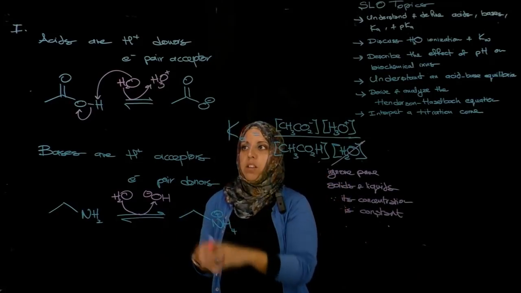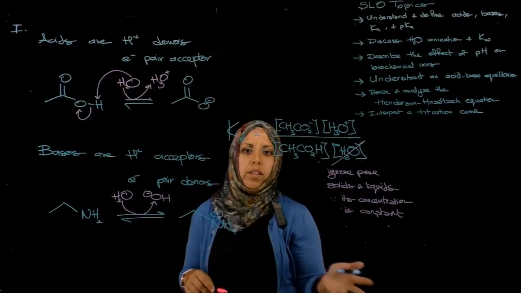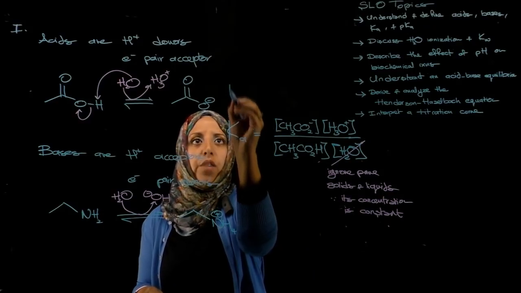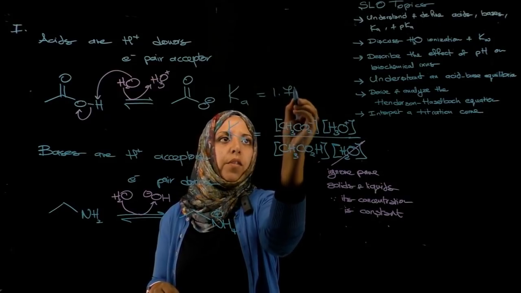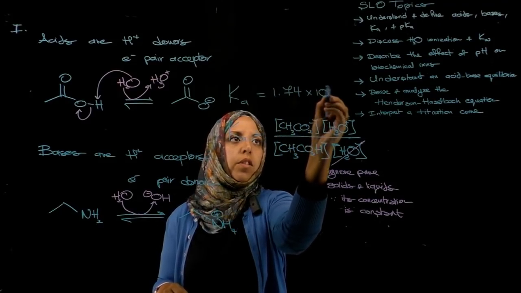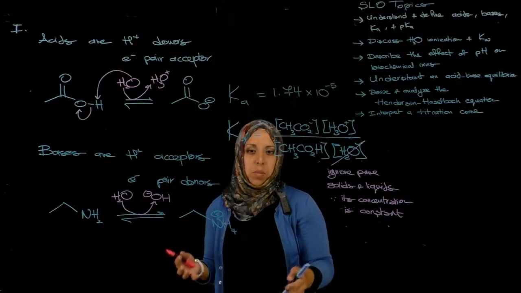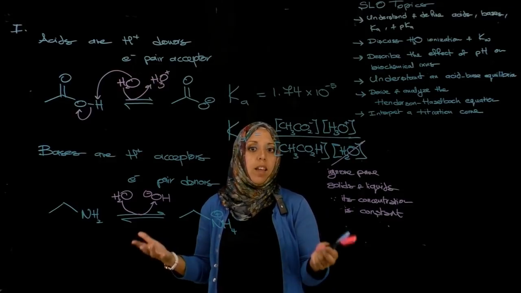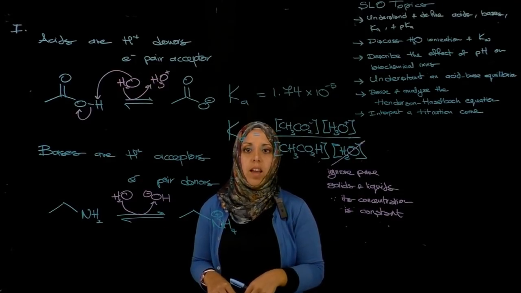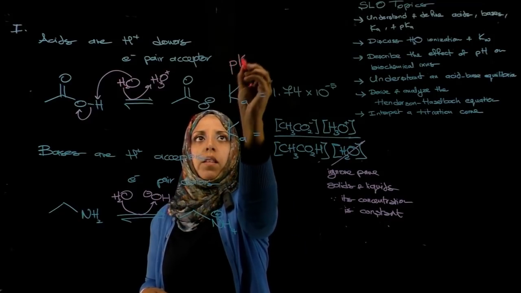So the Ka value of acetic acid itself is 1.74 times 10 to the negative 5, right? And to avoid dealing mathematically with exponents of 10, instead we could take negative the logarithm of the Ka, and that would give us the pKa, right?